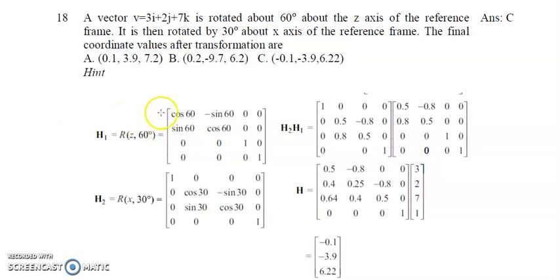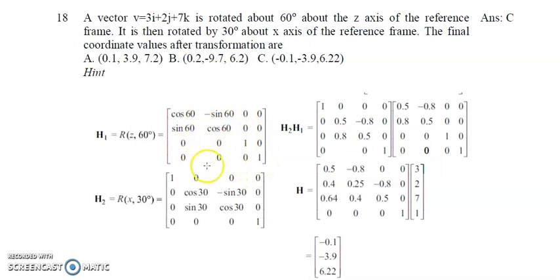So we'll see the hint now. This is actually the rotation matrix, with respect to or about the z axis. Here H1 is equal to Rz 60, that means the rotation is about the z axis at an angle of 60 degrees. The matrix is cos theta, minus sin theta, 0, 0; sin theta, cos theta, 0, 0; 0, 0, 1, 0; 0, 0, 0, 1.